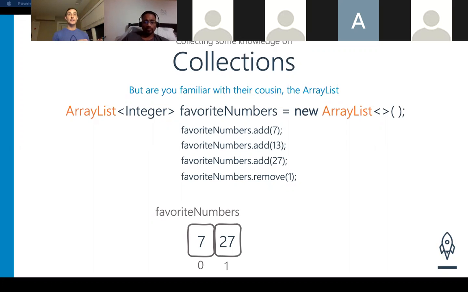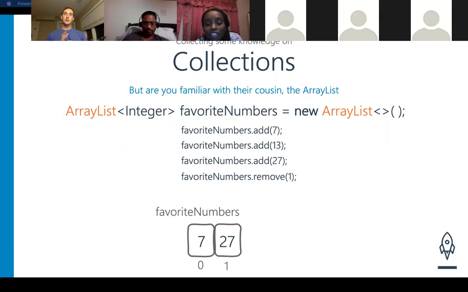Index 1, where the 7 is, or the other index where 7's at. That's why we want to include the index, the specific area in our array list that we want to remove. Hence why remove takes in that more specific, granular thing that it wants to remove. Sounds good, thanks. Absolutely.